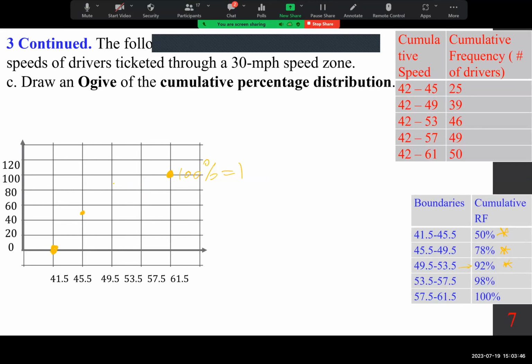Okay. This is 4.78%, so the numbers are not to scale. Okay, so this one, 41.5 is here, 70%.